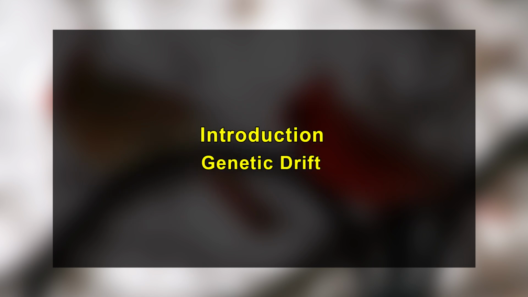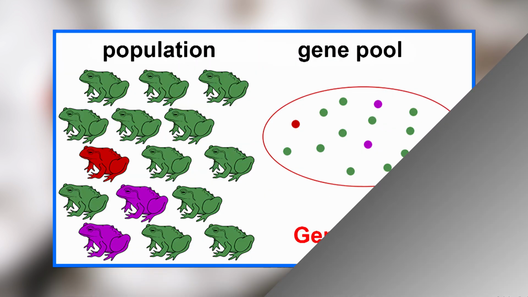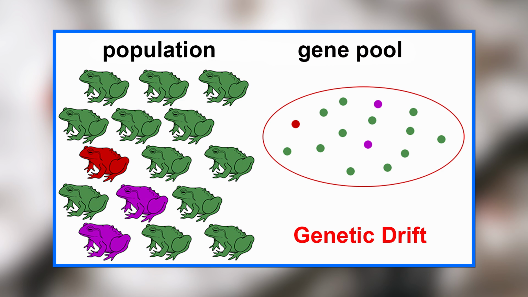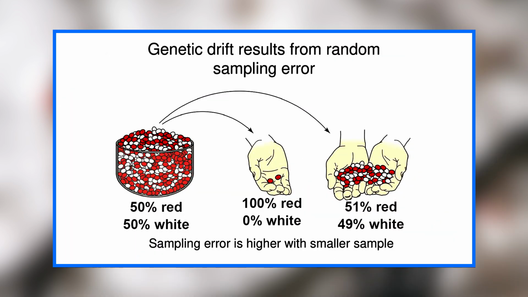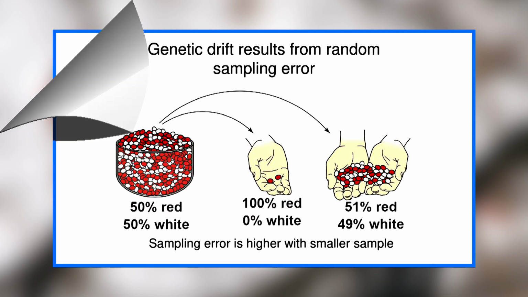Dear students, let's start with the introduction to genetic drift, also called the bottleneck effect. It is a change in the gene pool of a small population that takes place strictly by chance. Genetic drift is a mechanism of evolution in which allele frequencies of a population change over generations due to chance, that is sampling error.